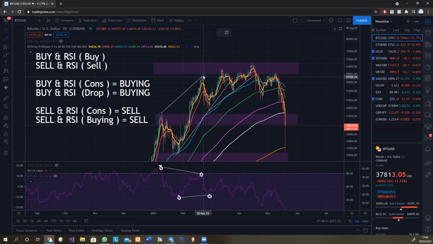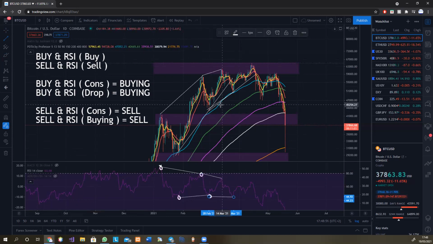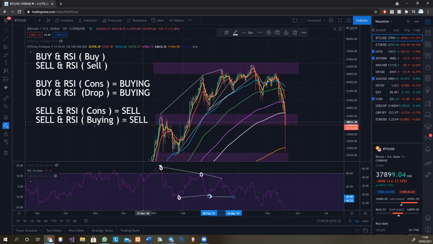You can just keep doing this, taking this high, connecting it to this high, taking this low, connecting it to this low, right? You see, you are still climbing the steps, right?